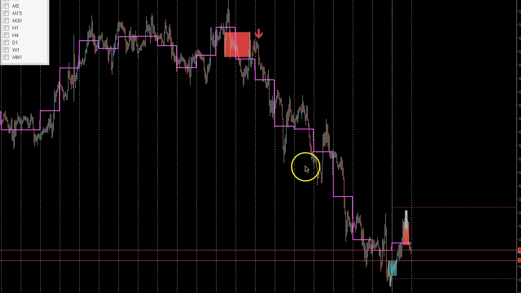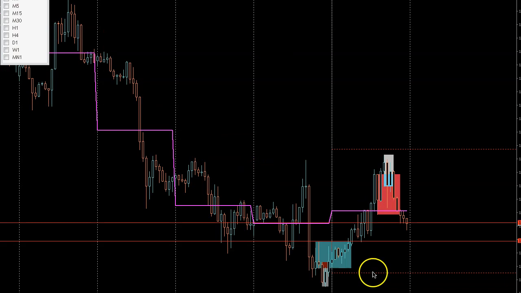But after such a strong down move, the market needs to come back at least halfway of this move and then eventually retrace back if that's what the market wants to keep on doing. So I do not want to say that this is a good selling point right now. I would prefer looking for buying opportunities.